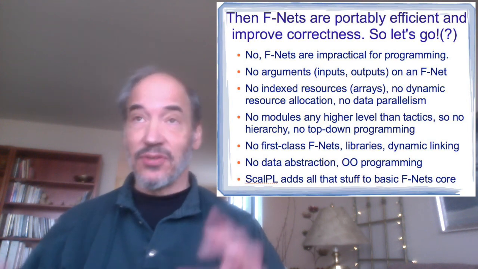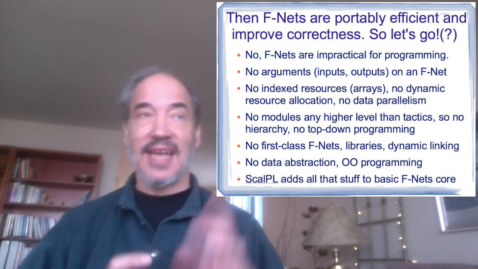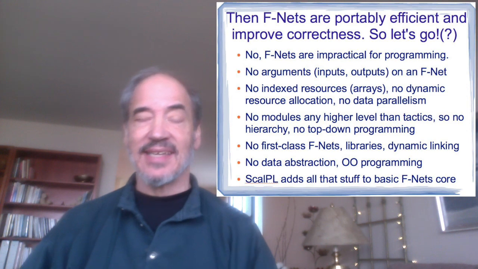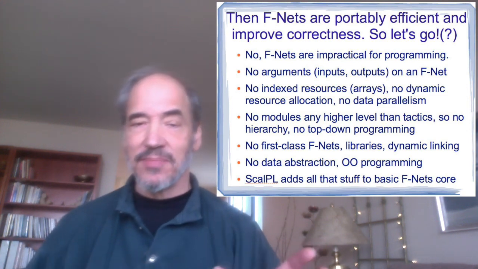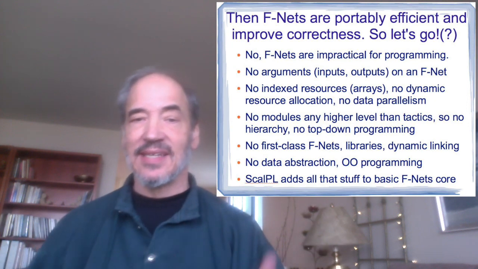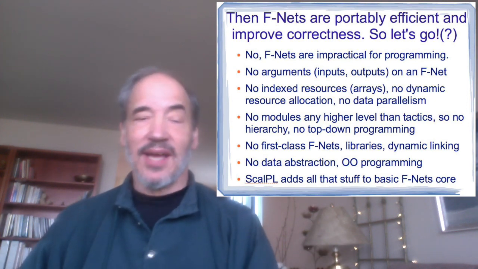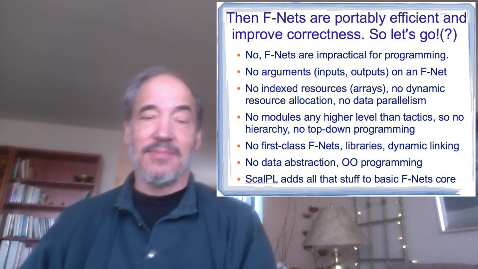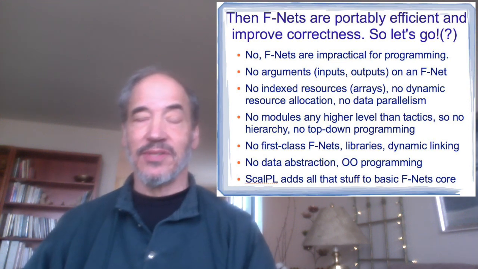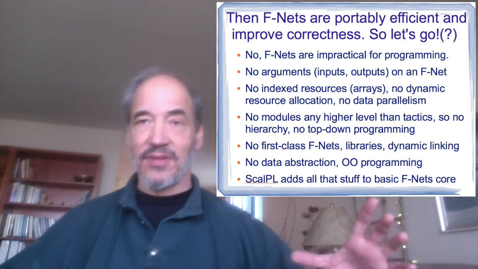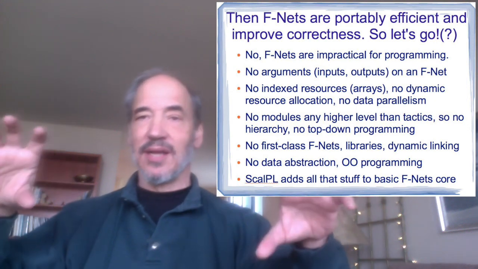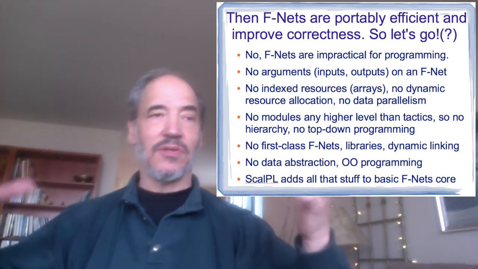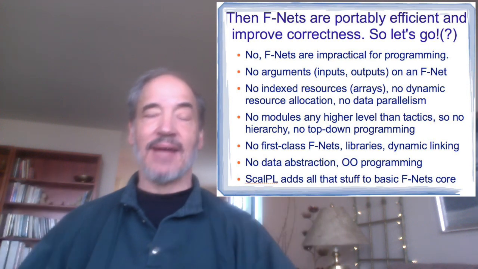So every module that we build our program out of has to have that kind of behavior that a tactic has, where it doesn't start until all of its resources are ready, and it's deterministic and it's stateless and it does all this stuff. Sometimes we need different kinds of modules. Sometimes we don't know what our modules are going to look like. We just want to start from a high-level network and build in modules or circles that are just abstract.